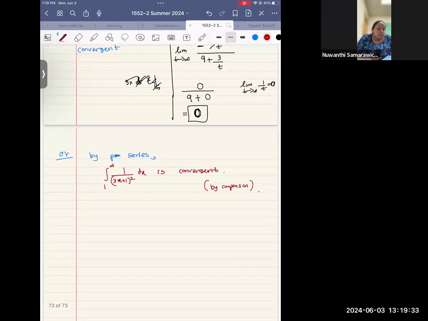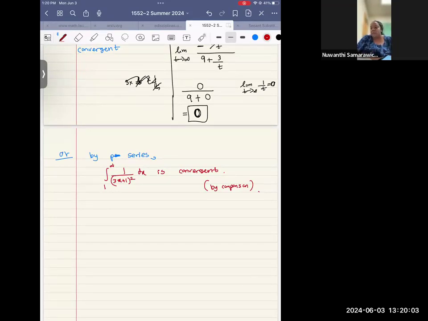Okay. So there is another part, the comparison test for improper integrals. It will take some time and I don't want to do it today, because it's the last part of the class.